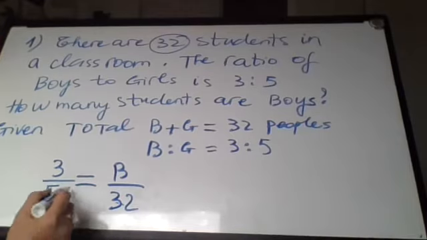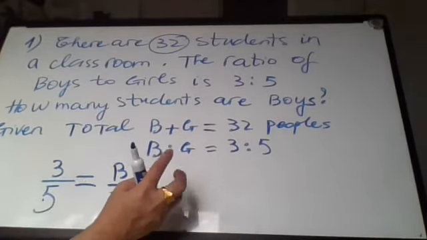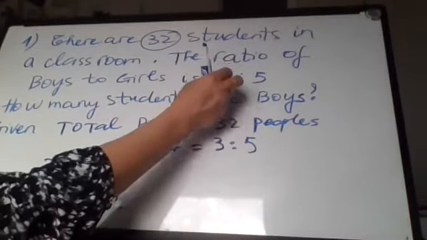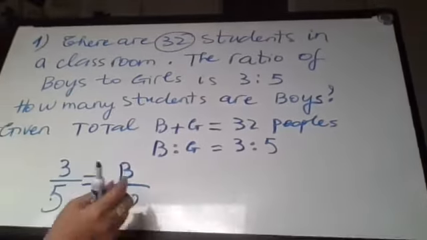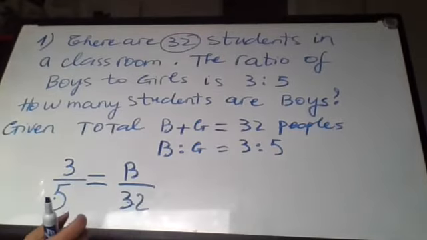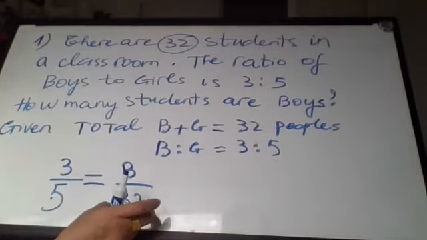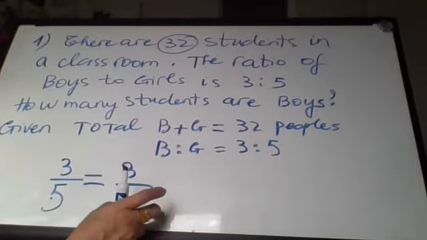However, remember we're talking about portions in a fraction, 3 portions out of 5 portions, right? The 3 portion here represents the boy students, and the 5 portion here represents the girl students.